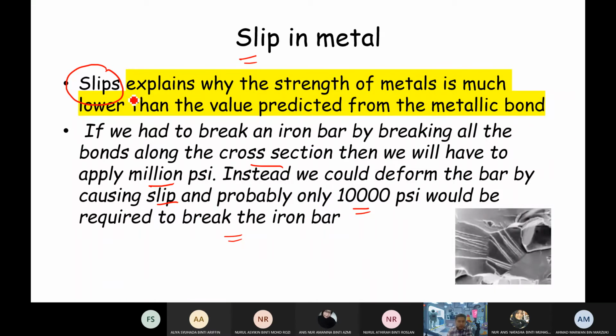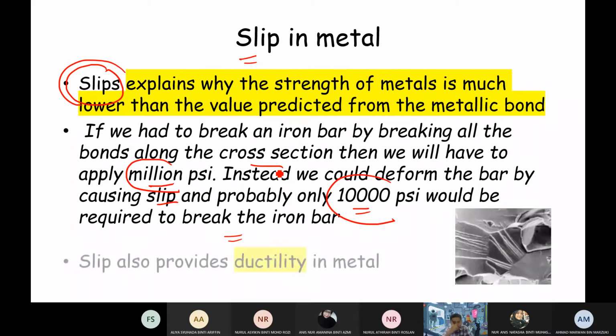So the material will become very strong that we require 1,000,000 pound per square inch just to break all the bonding along the cross section. But due to the existence of a slip in that material, we only required about 10,000 psi to break the iron bar.